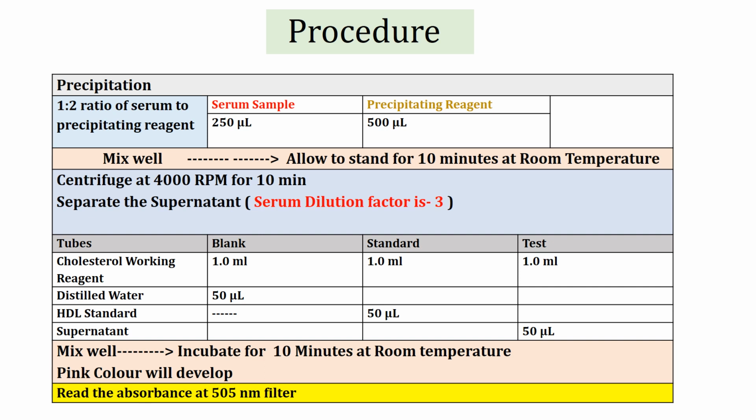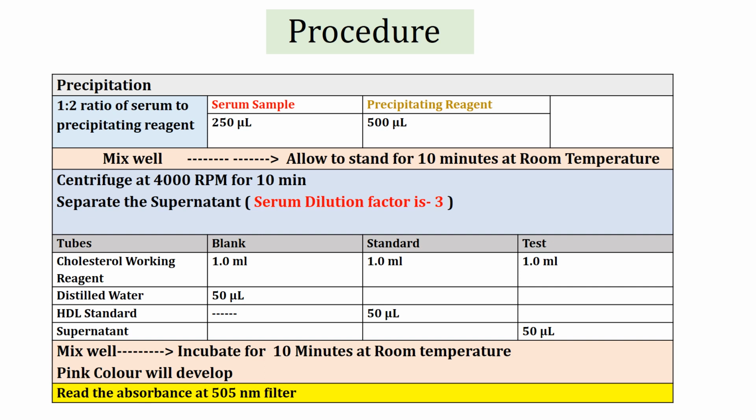For this, we will take 3 tubes: blank, standard and test. In all 3 tubes, we will add 1 ml of cholesterol working reagent. Then in the blank tube, add 50 microliter of distilled water. In the standard tube, add 50 microliter of HDL standard, and in the test tube, add 50 microliter of supernatant.